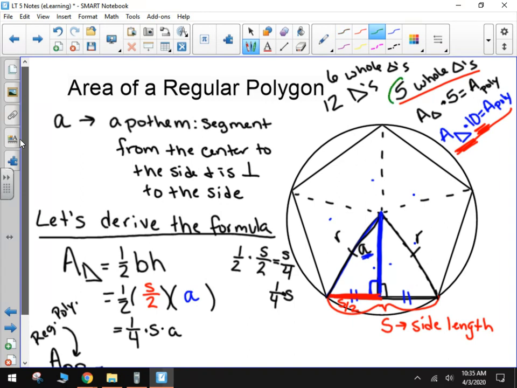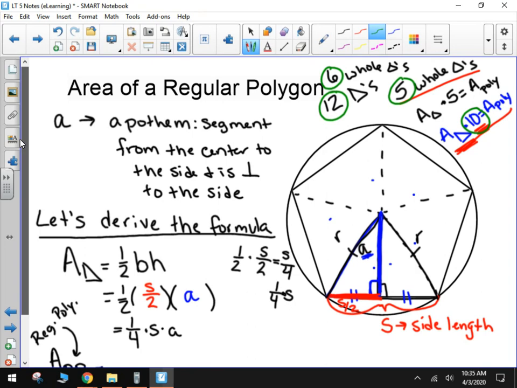What do I do to 5 to get 10, and what do I have to do to 6 to get 12? Yeah, I just have to multiply by 2. Now, the 5 and the 6 represent how many sides I have in a polygon, and if you remember, we like to use a letter for that, okay? N always represented the number of sides in a polygon when we did our polygon unit in the quadrilaterals.